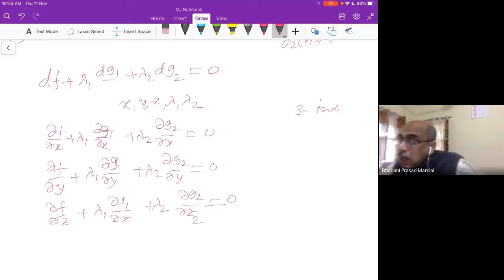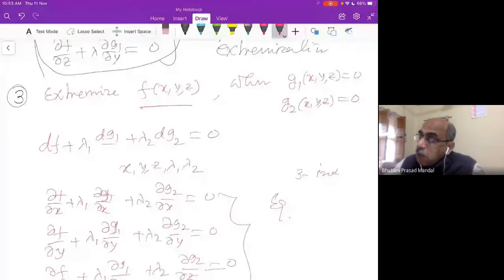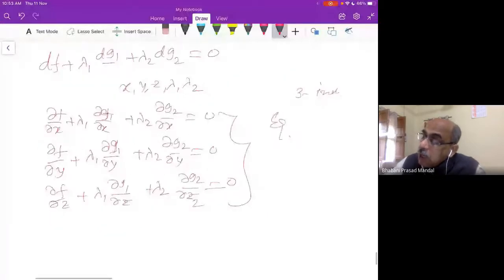Now what happened, I have 3 equations, but I have 2 variables which I put by hand. It was not there in my theory. My question was that you have to extremize this function in the presence of the constraints, where lambda was not there. So I bring lambda for each constraint. Now you have to eliminate this lambda 1 and lambda 2 using 2 of these equations. Suppose the first 2 equations I use to eliminate lambda 1 and lambda 2.